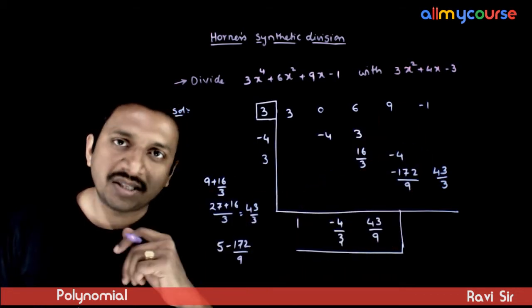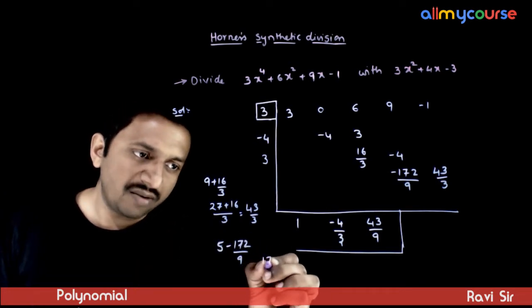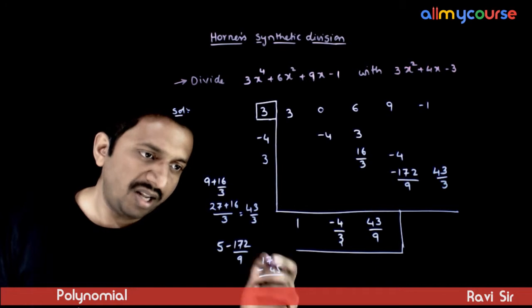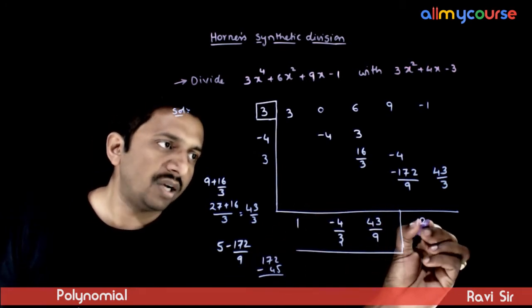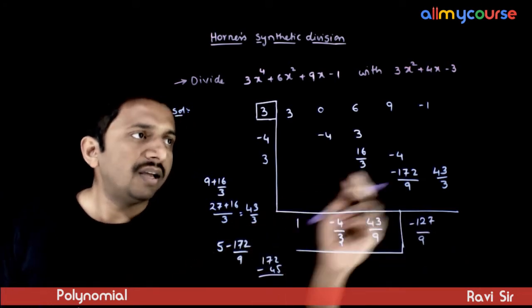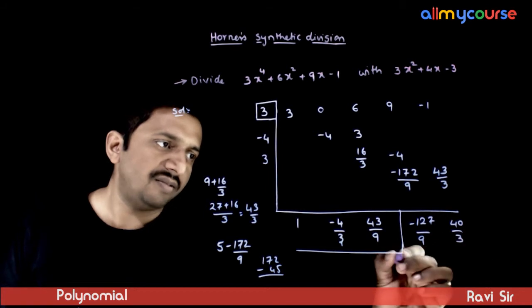So 45 minus 172, that is minus 127 by 9. And 43 by 3 minus 1 is 40 by 3.